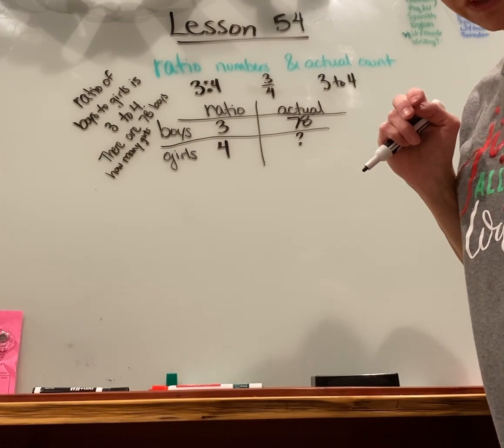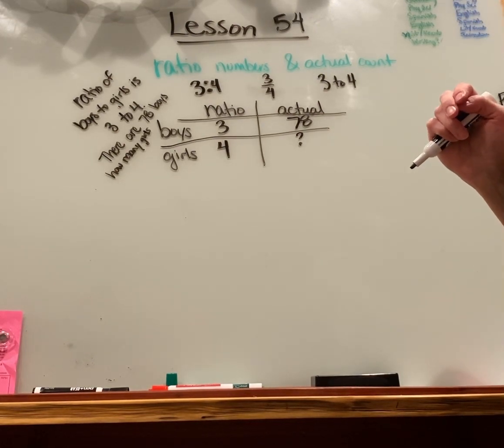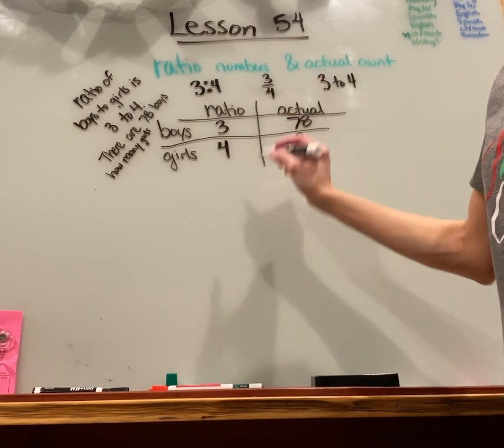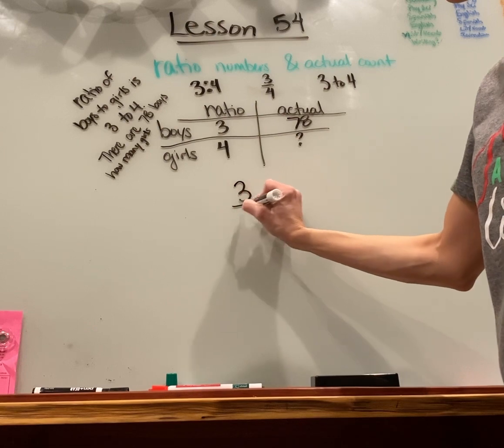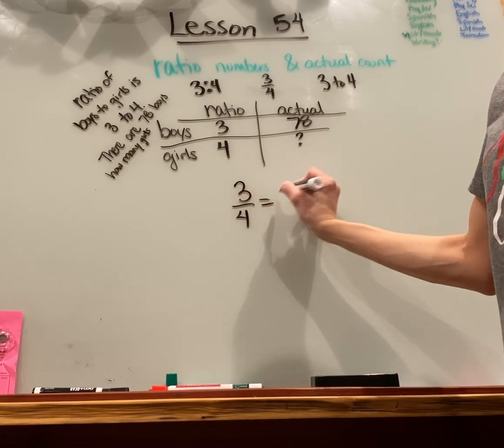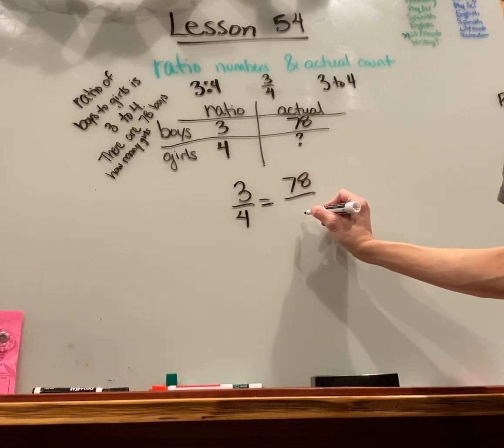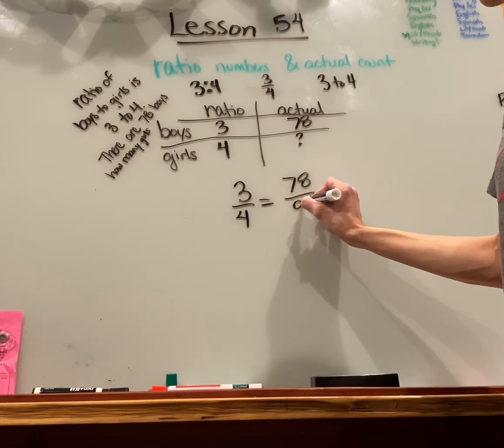And then we're going to figure out how to solve this. We are going to write it as equivalent fractions. So 3 to 4 is equal to 78 to question mark, or we might use a G for girls.